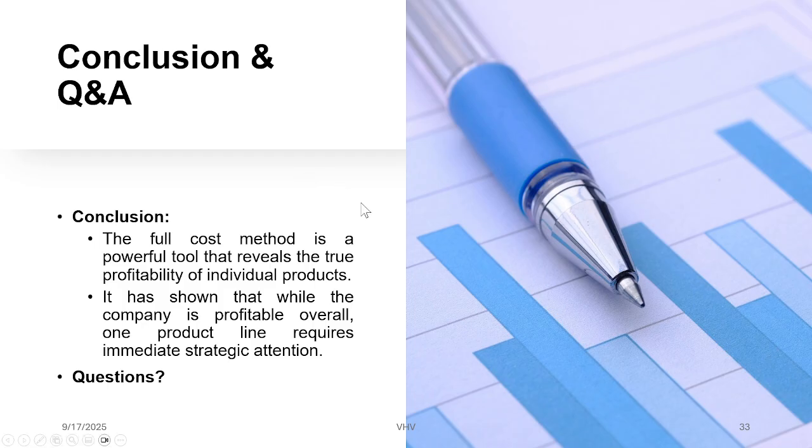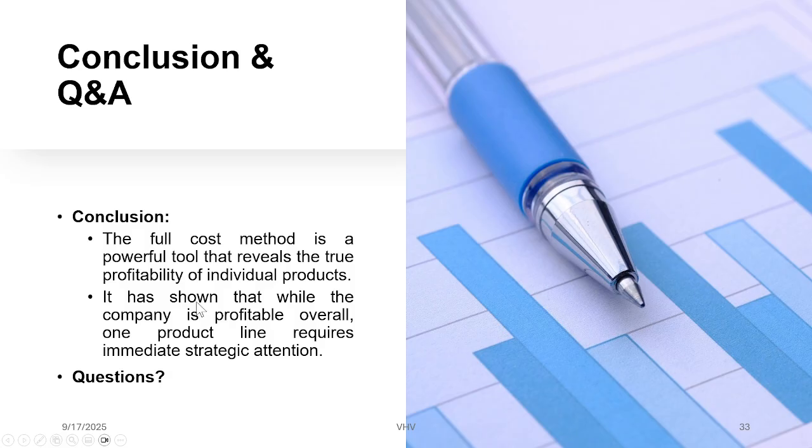Okay, in conclusion, what we have learned today is that the full cost method is an incredibly powerful tool. It goes beyond surface-level numbers to reveal the true profitability of individual products.